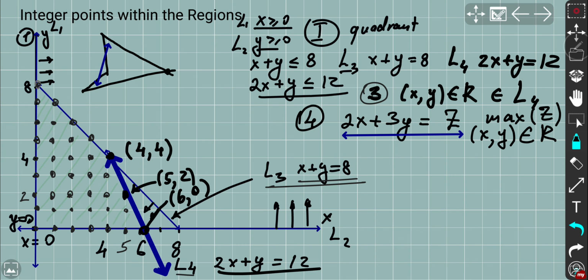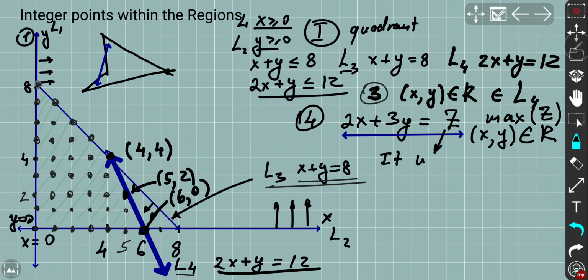What does bounded mean? It means it represents an enclosed area. If you can circle this area so that the whole region is within the circle, then you have a bounded region. In this case, the theorem tells us that the objective function Z will have both max and min.